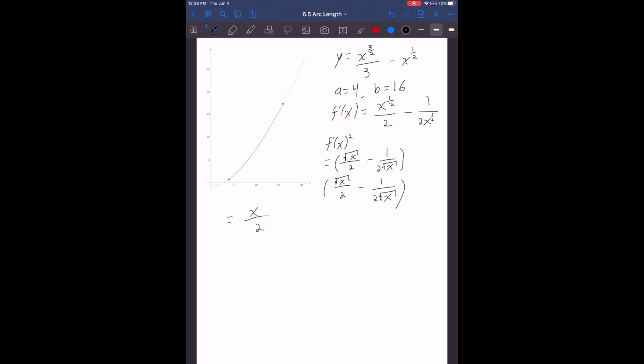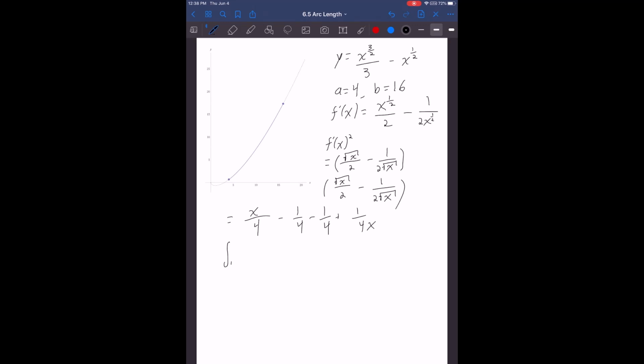The first term is going to give us an x over 2, multiplying the square root of x over 2 times negative 1/2 over the square root of x will leave us with minus 1/4. The inside terms will have the exact same thing of this minus 1/4. Oh, excuse me. This first term should be x over 4, not x over 2, because we have 1/2 times 1/2. And then finally, the last term will be plus 1/4 over x.